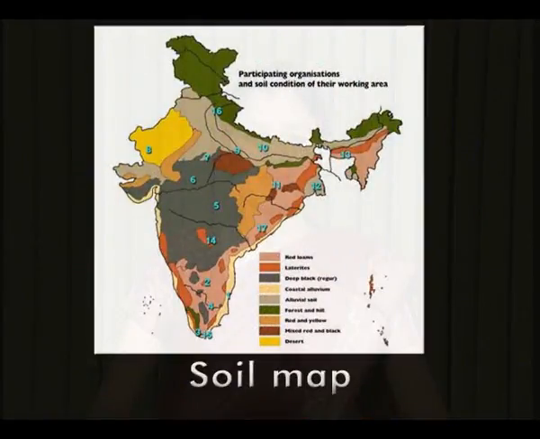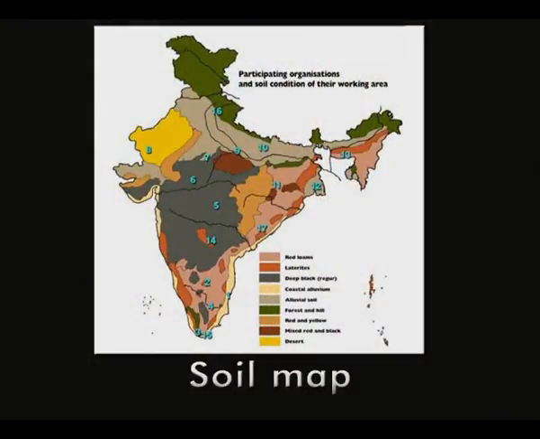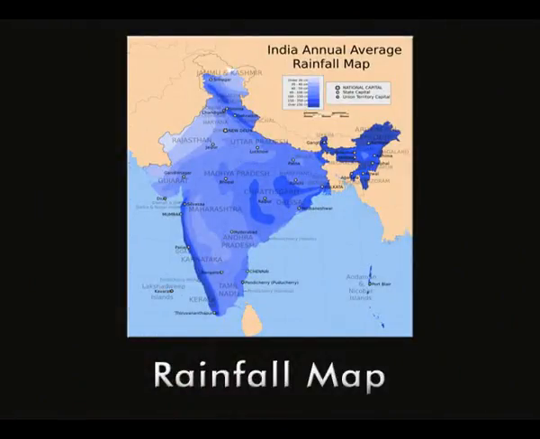A soil map giving the distribution of various types of soils in a given area is simple. A map showing the correlation between rainfall and rainfall variability is a complex map.